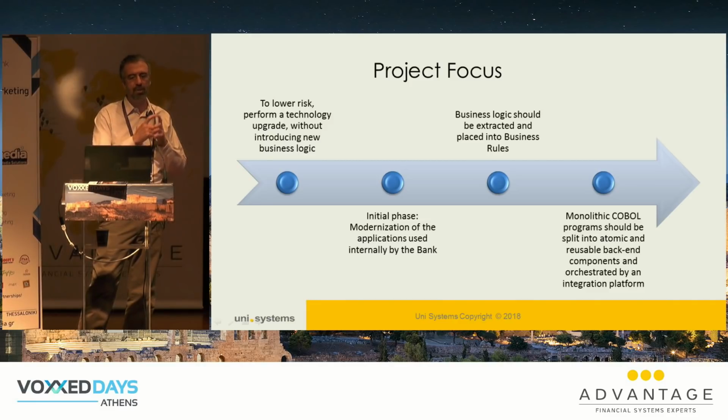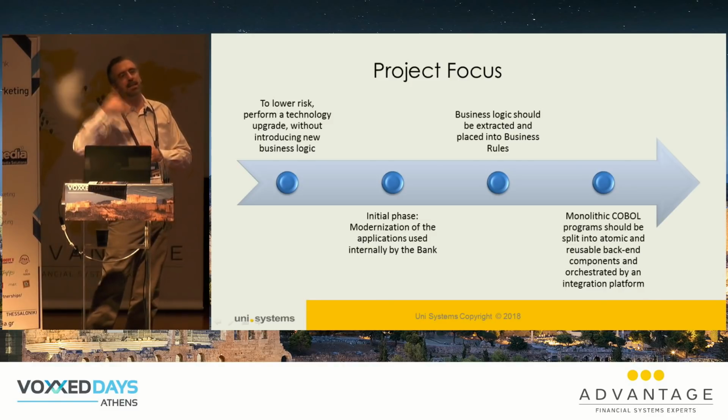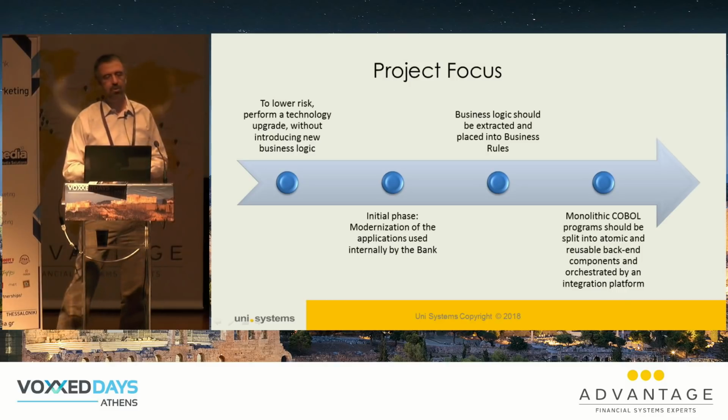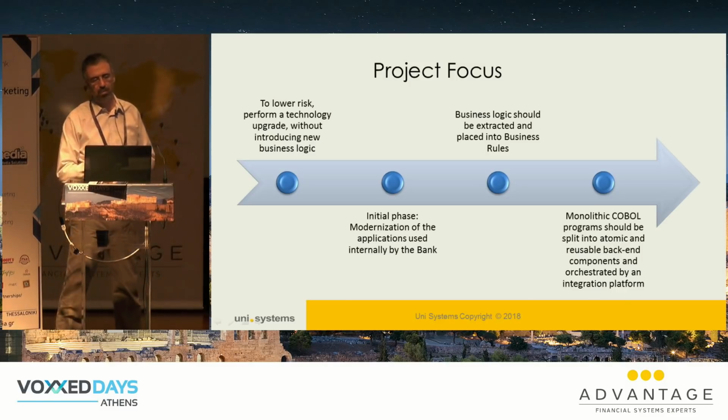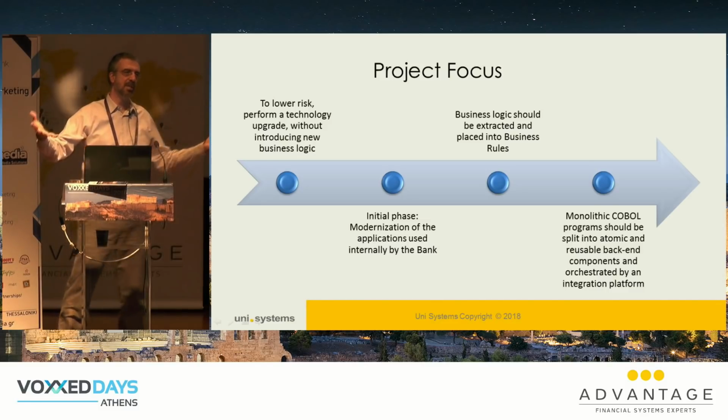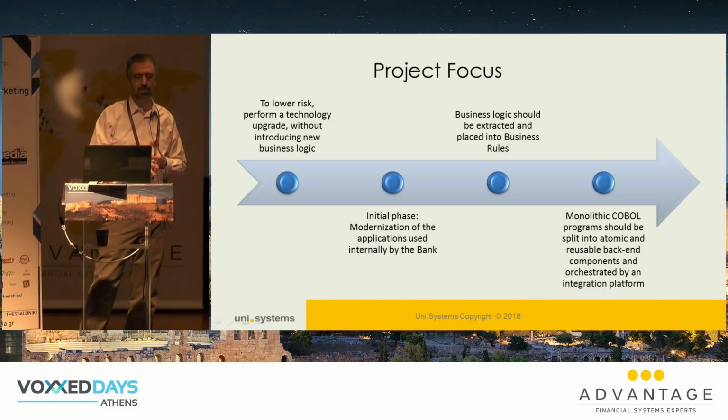Let's focus on the internal employees first, on the applications that are used by the internal employees. And then next phase, we'll also look at e-banking and mobile banking. Very important is to extract the business logic from wherever it is and bring it into a central location using business rules. I'm going to talk about this a little bit later on.